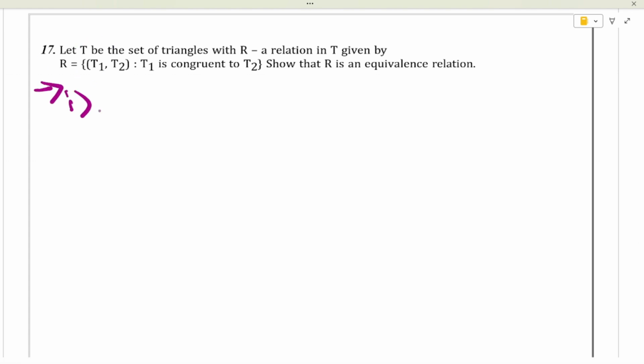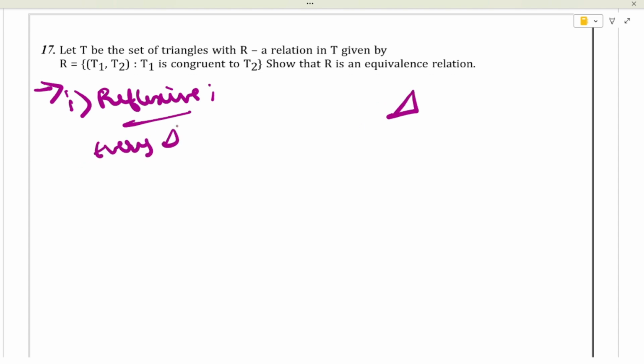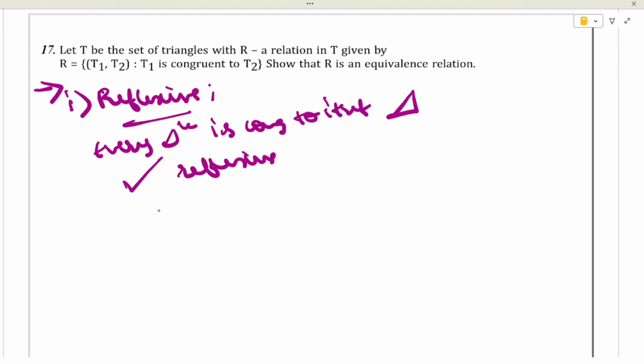See, when you have reflexive, they have given the triangle, right? Every triangle is congruent to itself, so you can say that it is reflexive.